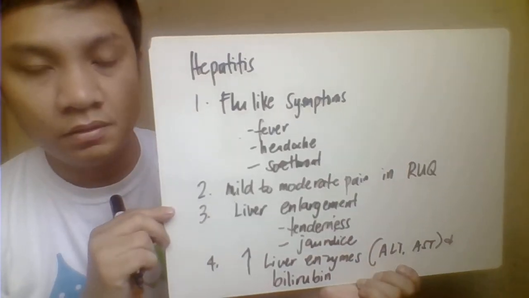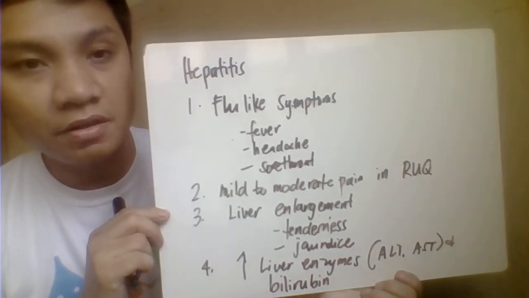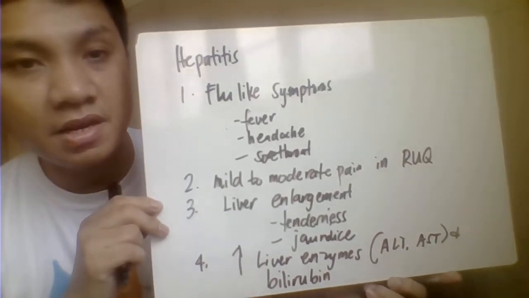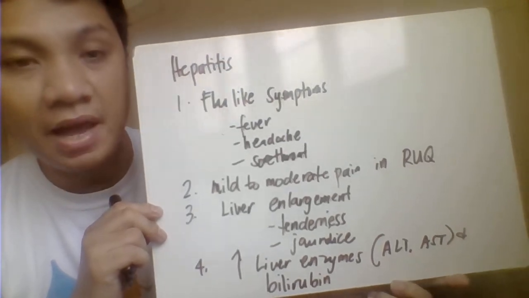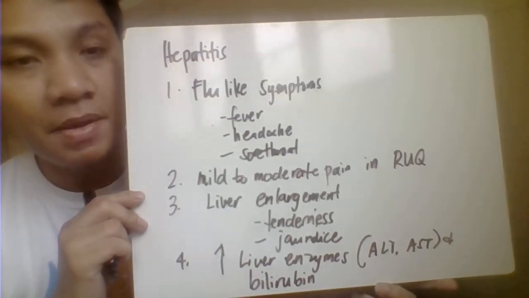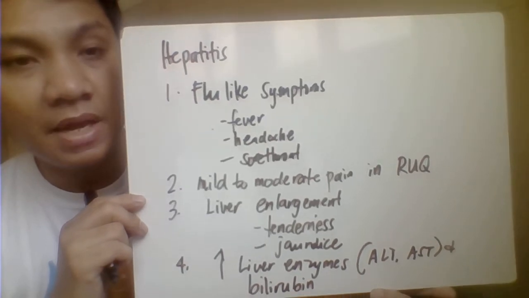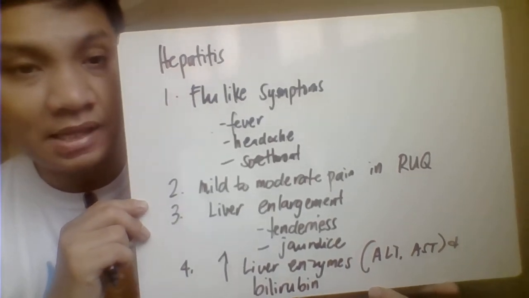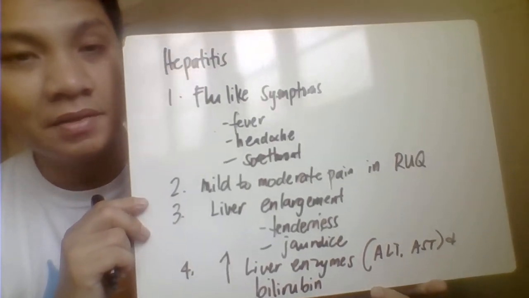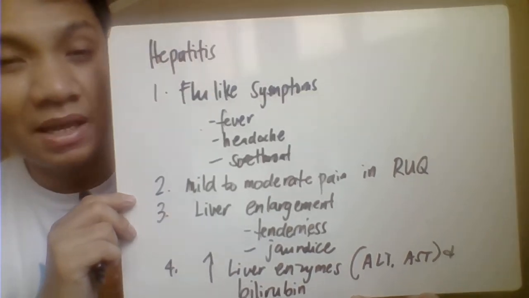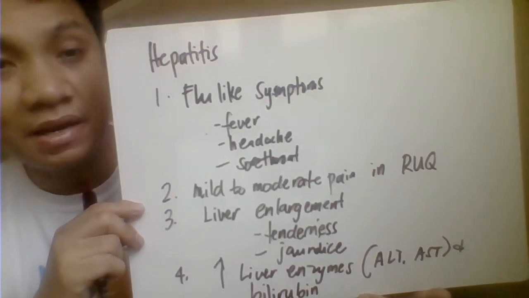We have here the manifestations of hepatitis. The patient would have flu-like symptoms like fever, headache, and sore throat. Then the patient would have mild to moderate pain in the right upper quadrant of the abdomen, because the right lower quadrant is your appendix, so the liver is in the right upper quadrant.